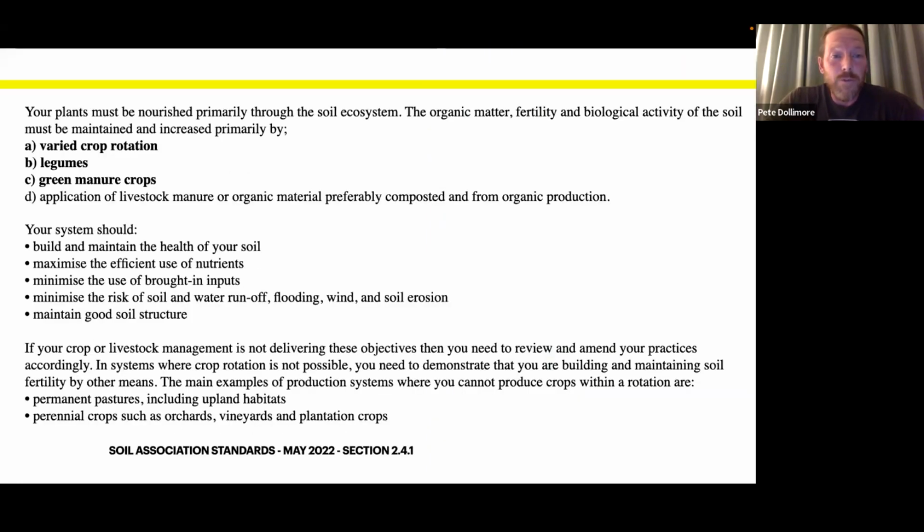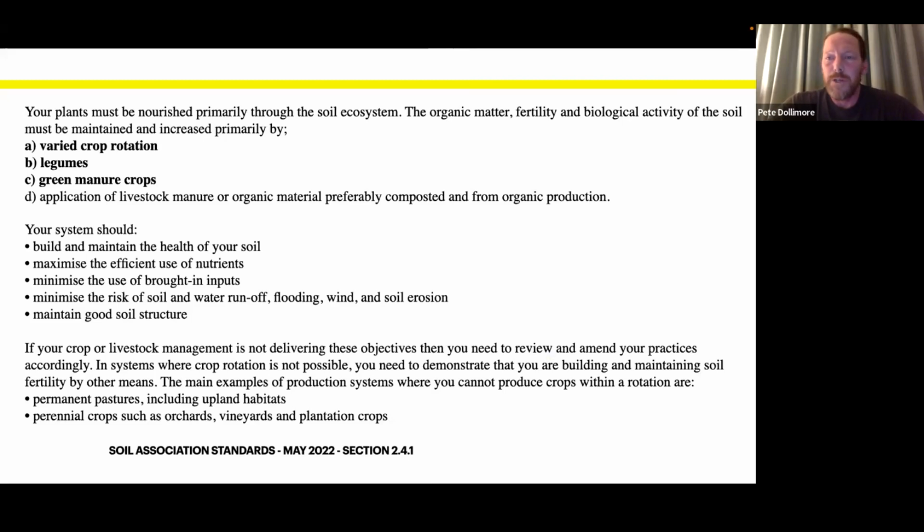I'm not going to read through all of this, but if you want to go to section 2.4.1 in the Soil Association standards, most recent edition, it's online. The highlight there is that we're nourishing our soil ecosystems through varied crop rotation, through legumes and green manure crops, and the application of manure or organic material as well.